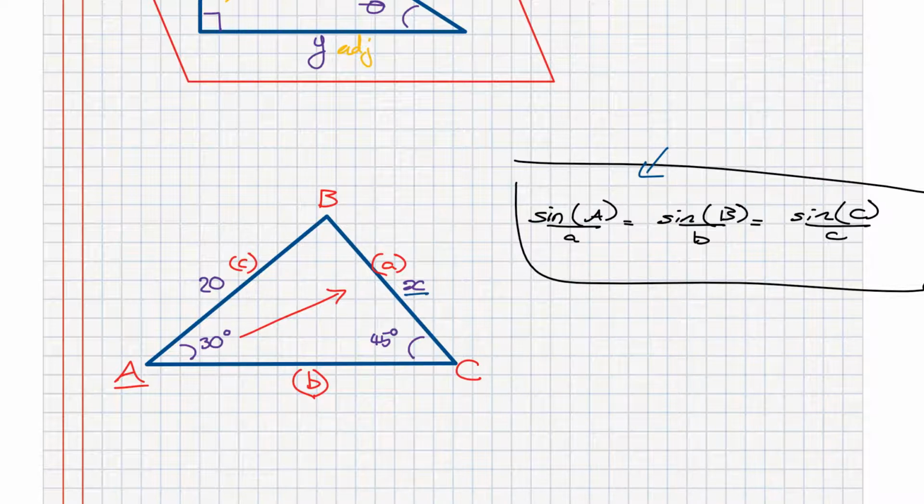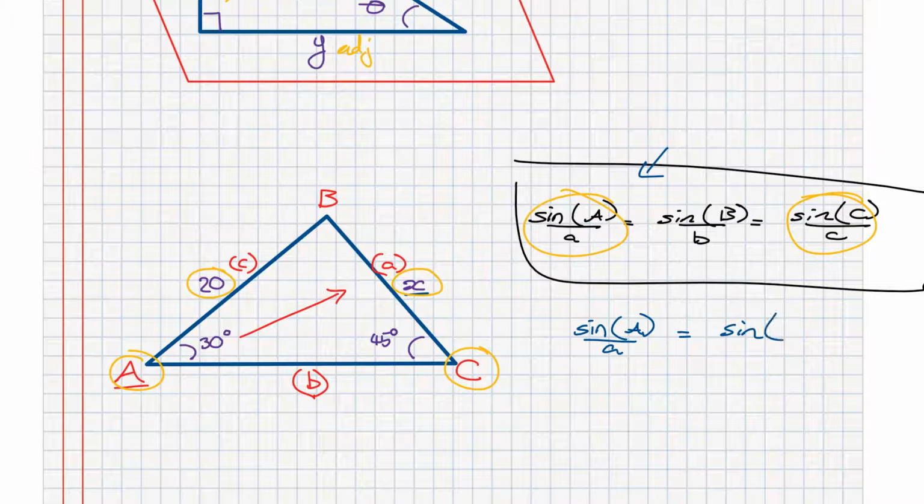Looking at the quantities I have, I've got angle A, I want to find little a, or side a, and we've got angle C and side little c. So we can grab this relationship and this relationship, and we'll write sine A over little a equals sine C over little c.